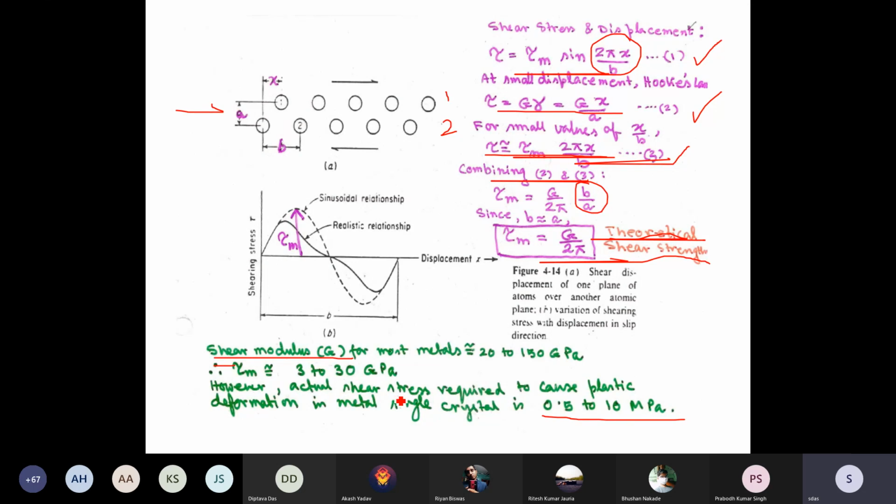So there must be something wrong somewhere, for which all real materials have such a low shear modulus compared to the theoretical shear strength value which I calculated.